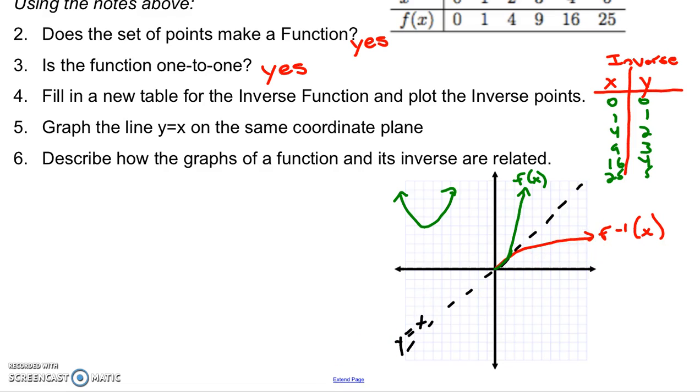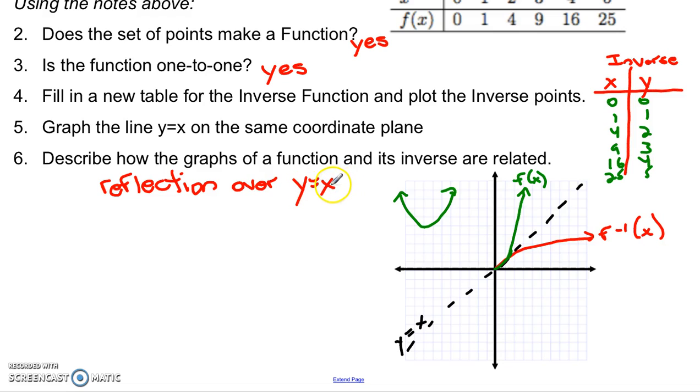And I hope that you can see that the red and the green are simply reflections of each other over this line, y equals x. And that's what I was looking for in number 6, although you may not have used the same word. Every function and its inverse will be a reflection over the line y equals x every time.